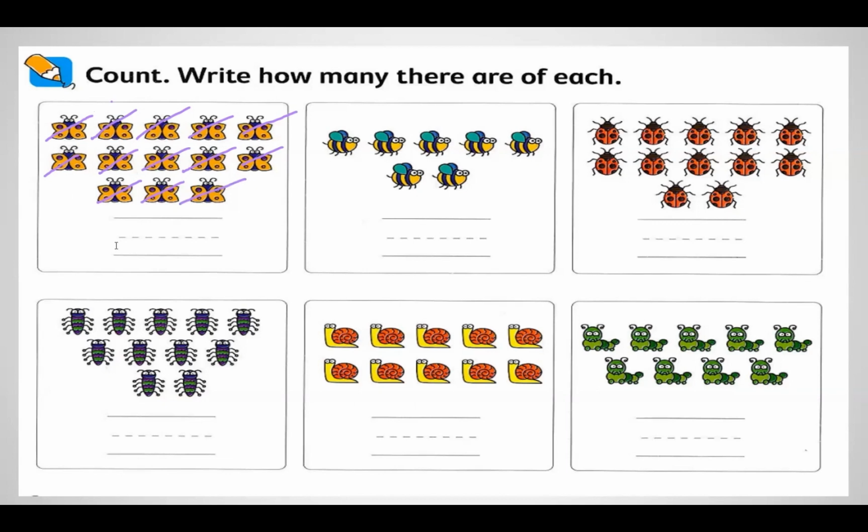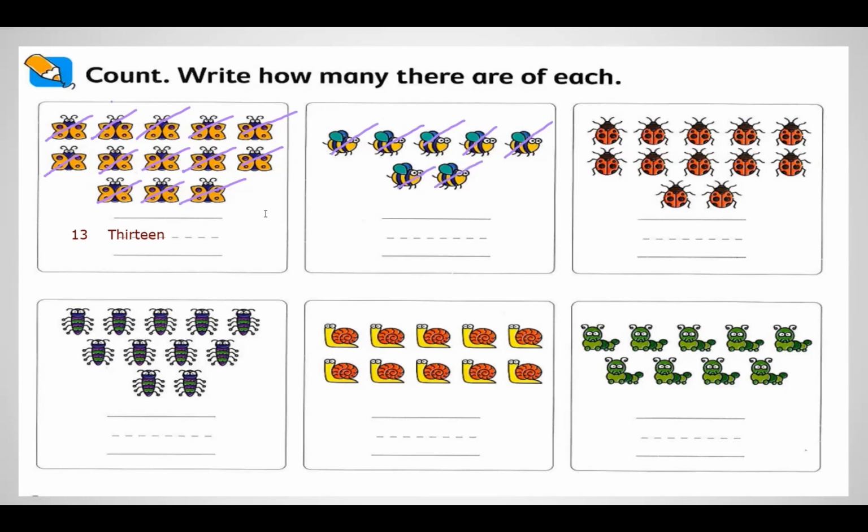So can you write 13 in your copybook? It's 1 and 3. Then how can we write it by letters? Yes, it's T-H-I-R-T-E-E-N, 13.